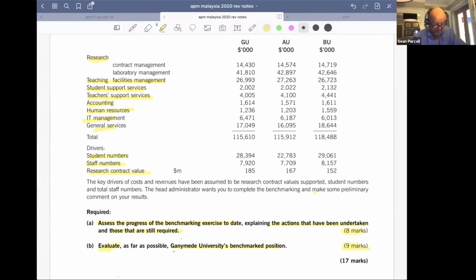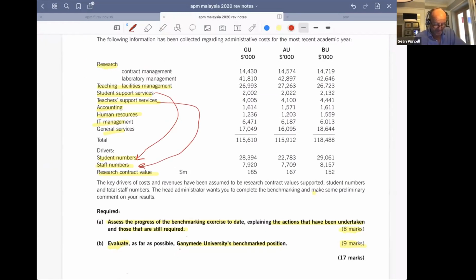If we're looking at student support services, we're probably going to connect those to student numbers. If we're looking at staff services, we're probably going to connect those to staff numbers. If we're looking at contract management revenues, we might look at contract value. So initially, they're the kind of things I'm looking at.